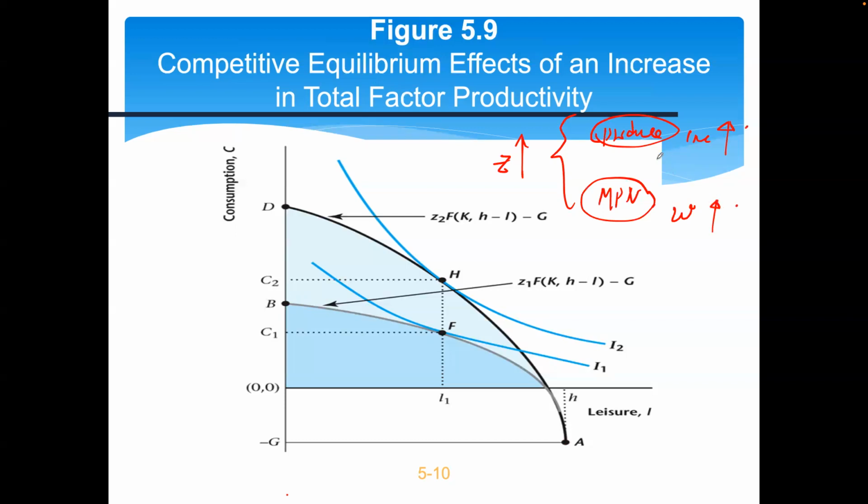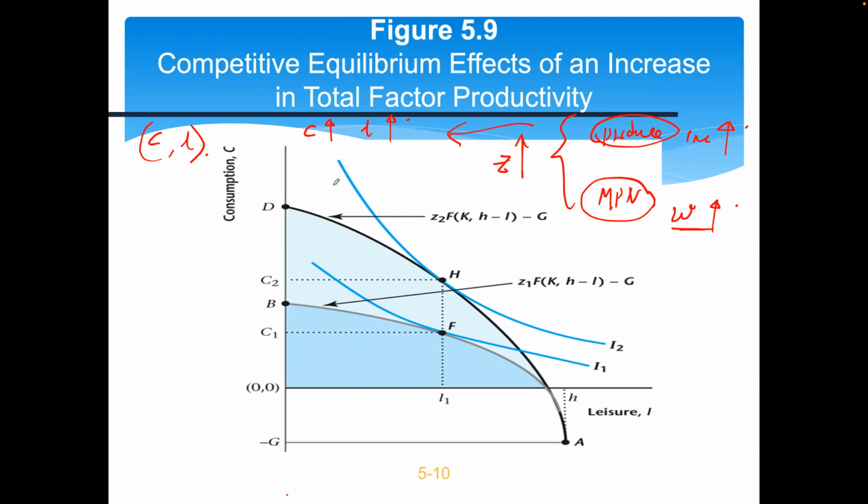Right? Now just think about those impacts on the consumer. If your income increases, because the consumer cares about C and L, consumption and leisure, and both are normal goods, then C is going to increase and L is going to increase. But what does a wage increase mean? Wage essentially is the opportunity cost of leisure.